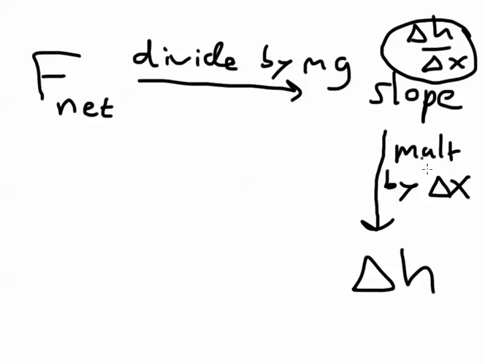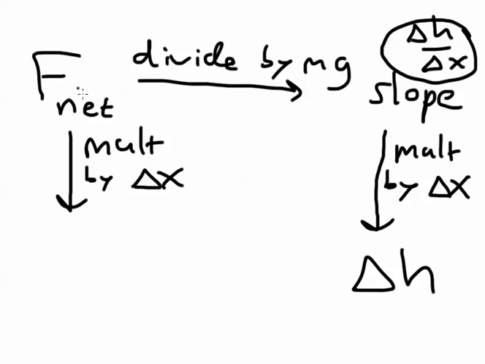Now I'm going to take these two operations, the division by mg and the multiplication by delta x, and put them over here. So I'm going to multiply F net by delta x. When I multiply a force by the displacement, that gives me the work.